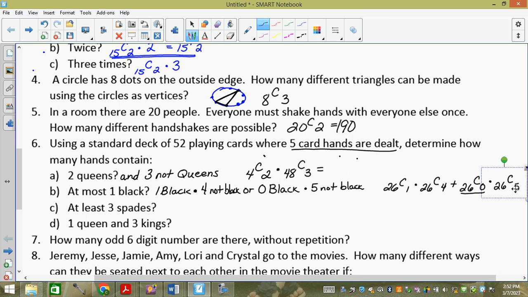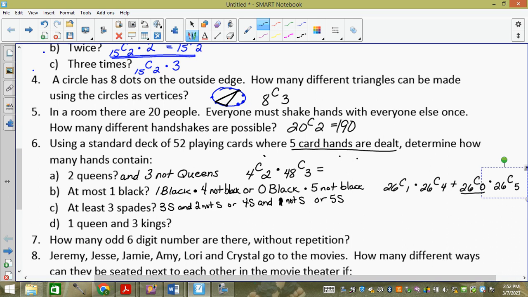All right, at least 3 spades means 3 spades, 4 spades, or 5 spades, and I have to stop there because that's 5 card hands, right? So I have 3 spades and 2 not spades, or 4 spades and 1 not spade, or 5 spades.